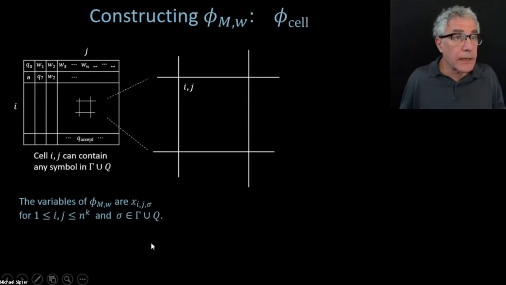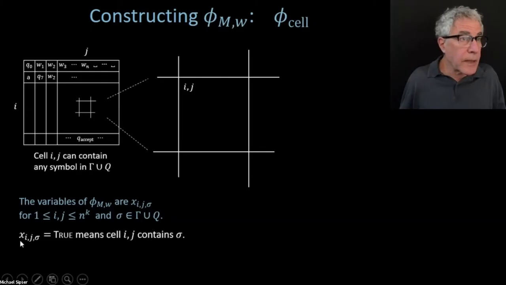Okay. So if I turn the variable xij sigma equal to true, that's just a way of saying that cell ij contains a sigma. So if I have xij a, that means the cell contains an a.